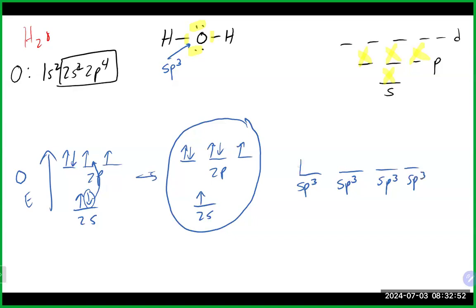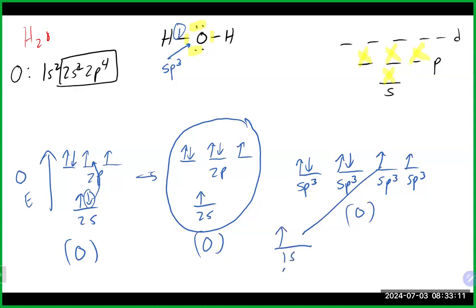And again, we can see that 2 of these guys are going to be filled, and these guys will have 1. And once again, this is the oxygen in this case, what we're looking at. That's going to allow, for example, our bond here between oxygen and hydrogen to occur. So the 1s in hydrogen will make that first bond.